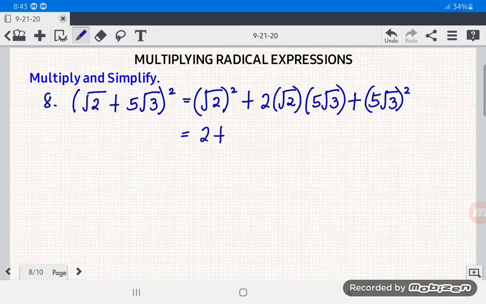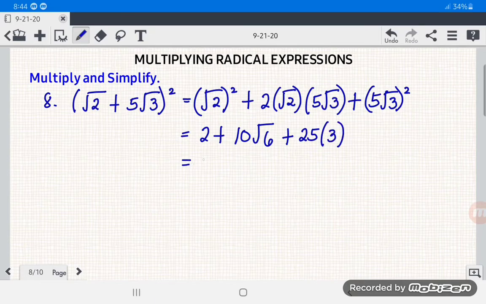Then plus 2 times 1 times 5, so that is 10. Then square root of 2 times 3, we have 6. Then plus 5 squared, we have 25, then square root of 3 squared, we have 3.